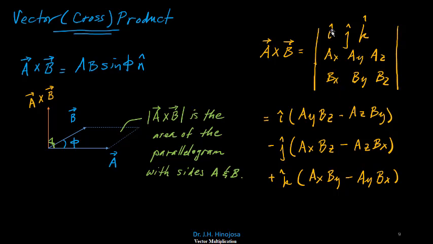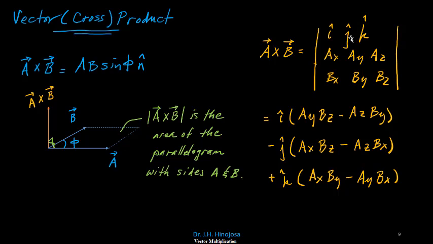So what we do is, for the first component in the i direction, we ignore the first column and the first row, and we only look at the submatrix made up of ay, az, by, bz. So we take ay times bz minus az times by.